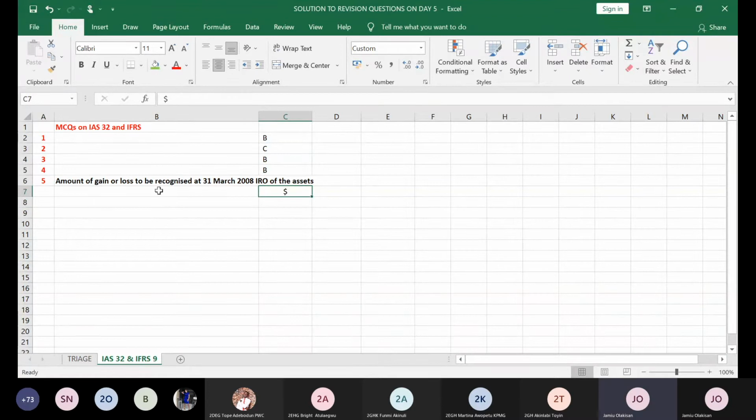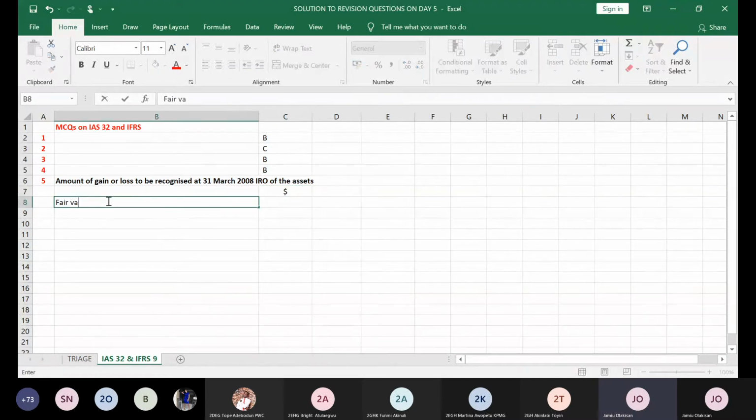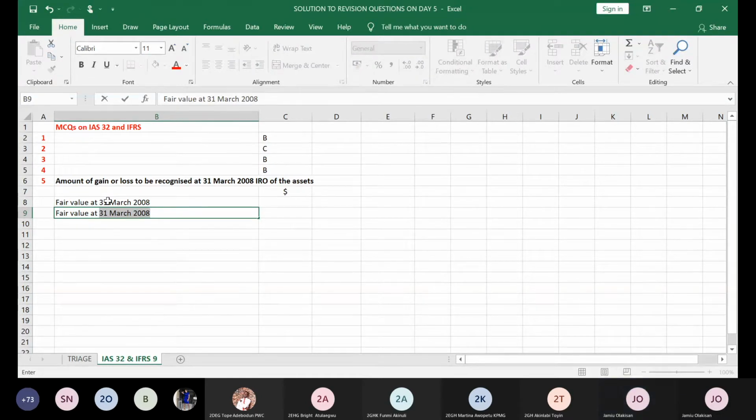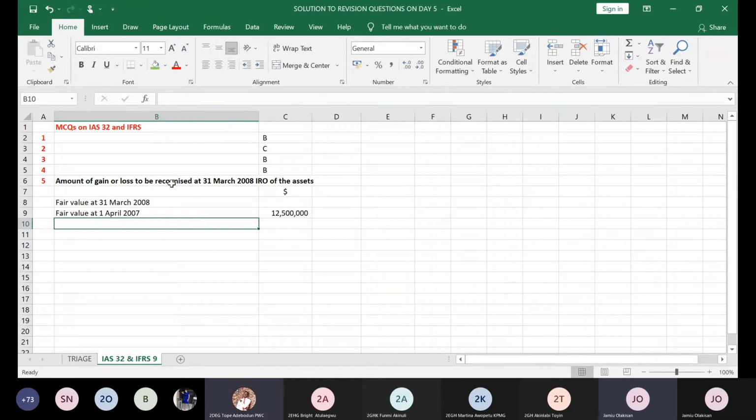So let's go ahead. At 31 March 2008, then we have fair value at the beginning of the year, 1 April 2007, which has been given to us as 12,500.